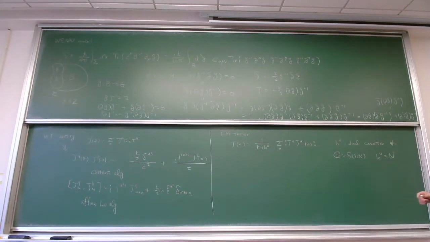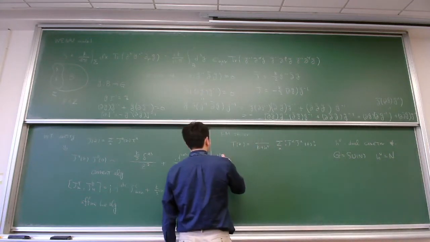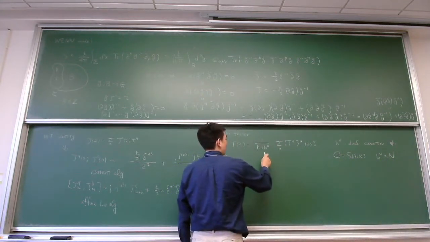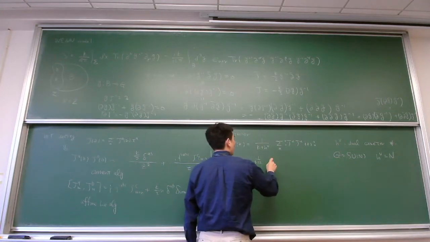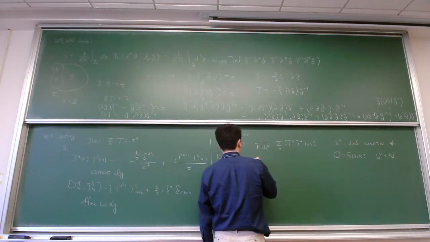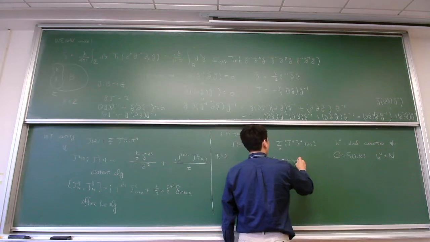So in the homework, you did the N equal to 2 case, indeed. You have 1 over K plus 2, and then the sum over A from 1 to 3 of J^A J^A.